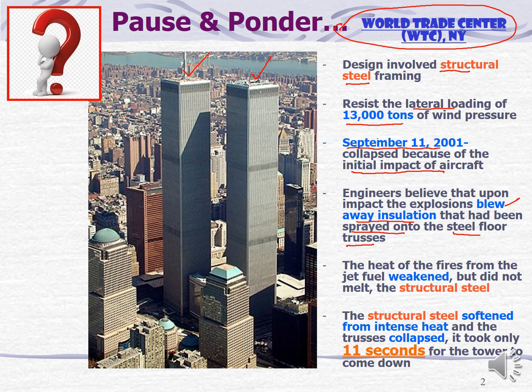The heat of the fires from the jet fuel weakened but did not melt the structural steel. The structural steel softened from the intense heat and the trusses collapsed. And it took only 11 seconds for the two towers to come down.